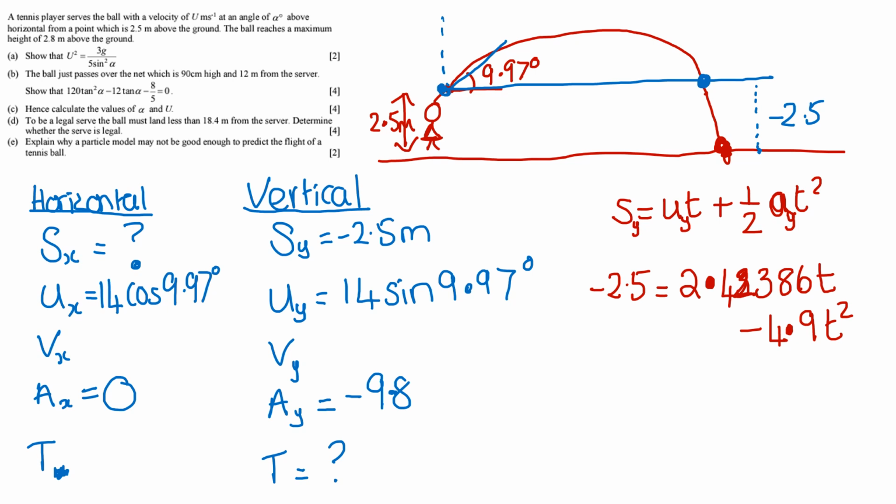So again, I've got a quadratic in t. Just write that out as a quadratic I can solve in my calculator. I'll make that positive. So 4.9 t squared minus 2.42386 t. That becomes minus, and that means that's minus as well, isn't it?